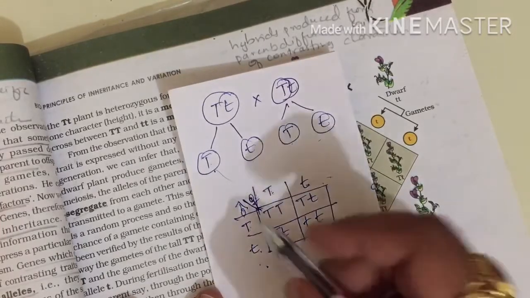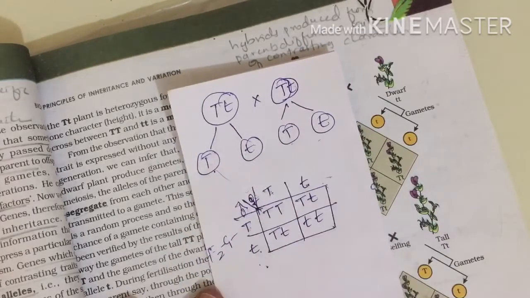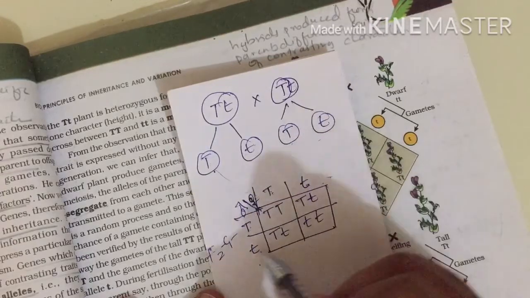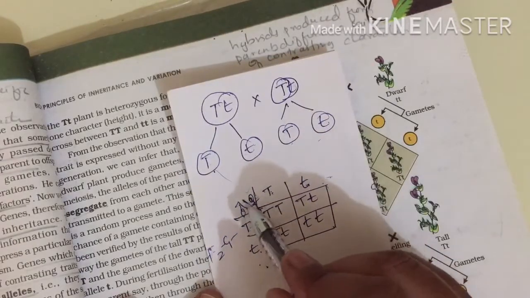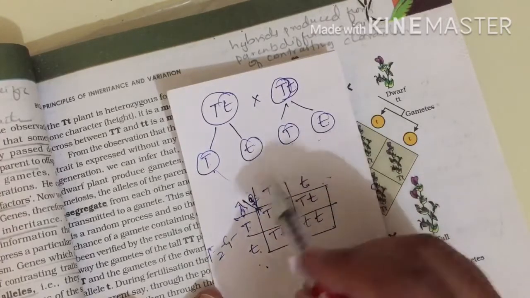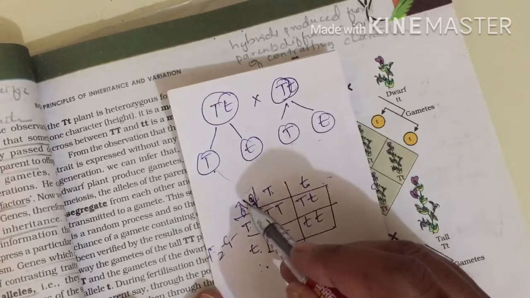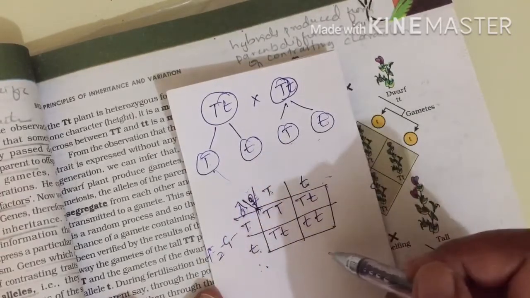Okay, so this is how you are going to write. This one is nothing but F2 generation. How you are going to plot it. You are giving the square with one row and one column for one parent's gametes, and another row for another parent. Okay, this is how you are going to do.